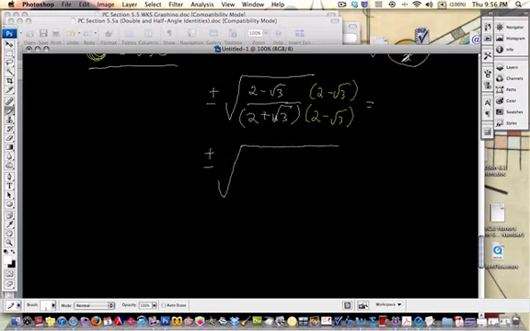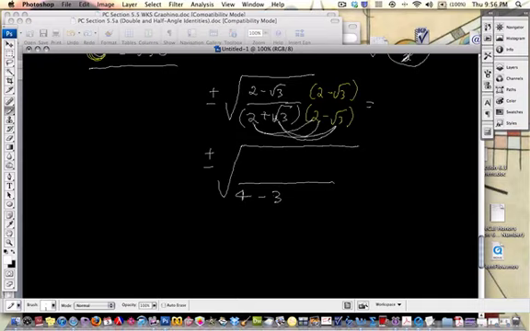I'm going to FOIL the denominators first because I'm excited about the denominators because they're going to actually become one number. So that's going to be 2 times 2 is 4, plus root 3 times 2, minus root 3 times 2. Those middle terms always cancel when I multiply by the conjugate. Then root 3 times negative root 3, that's negative 3, right?